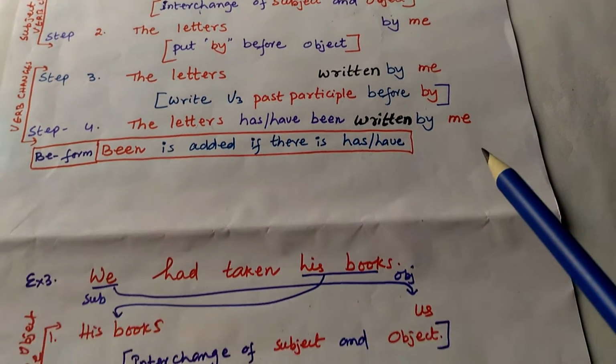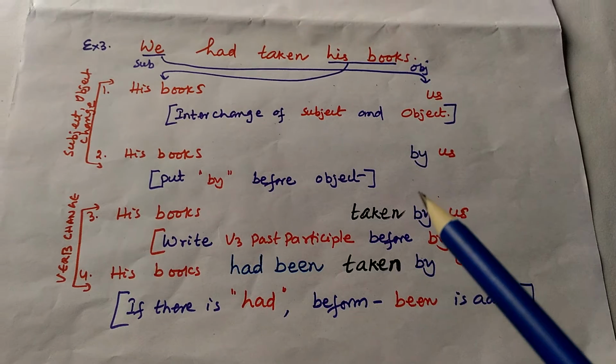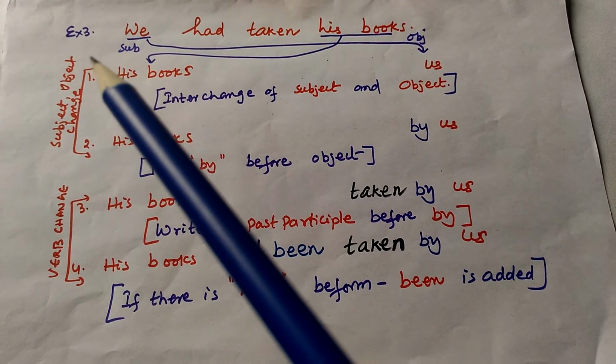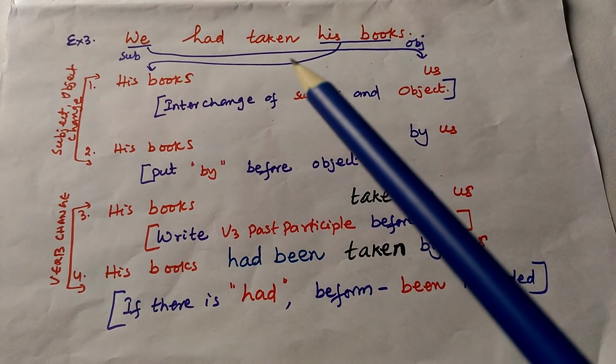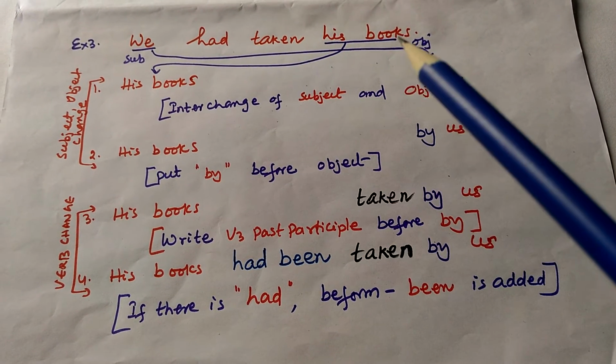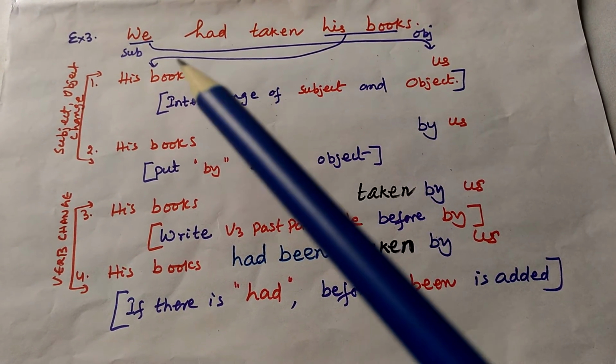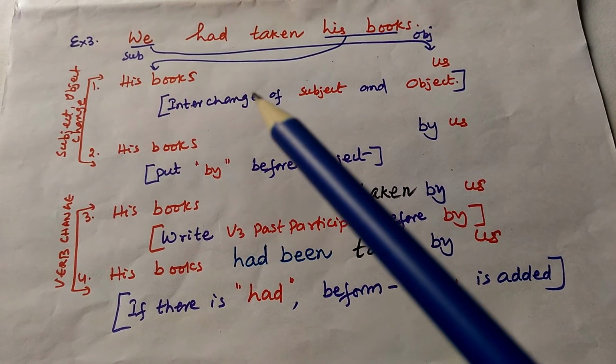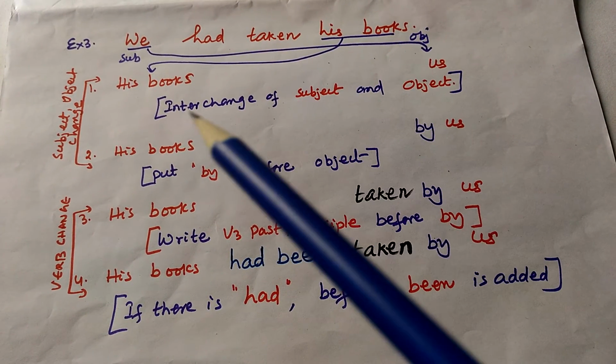Now next example. Example number 3. We had taken his books. First we have to identify the subject and object, and then we have to interchange the subject and object.